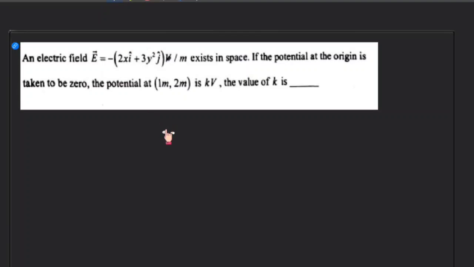Since you know integral of dV is equal to minus integral of E bar dot dr bar, right? So this is important here. Minus integral of E bar dot dr bar, where dr bar can be written as dx i cap plus dy j cap.